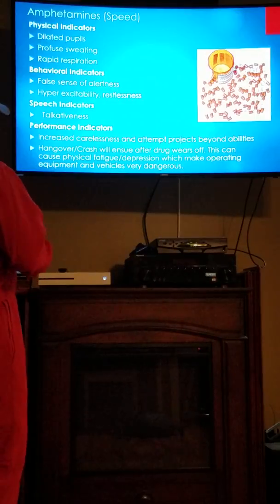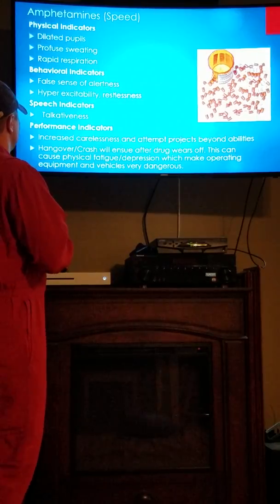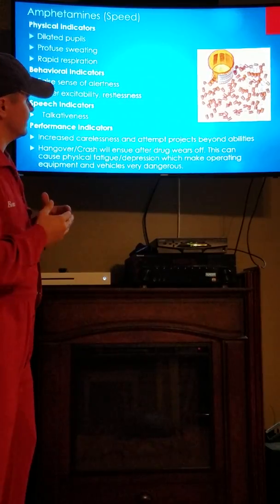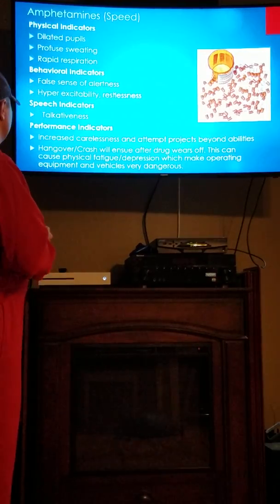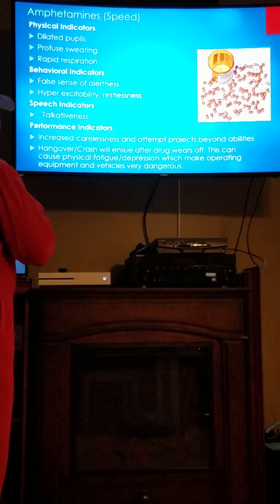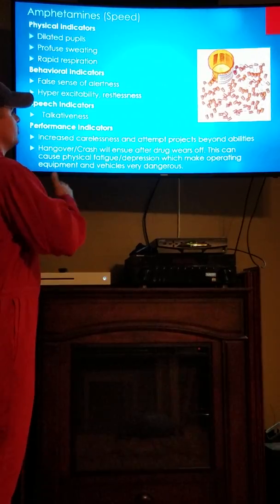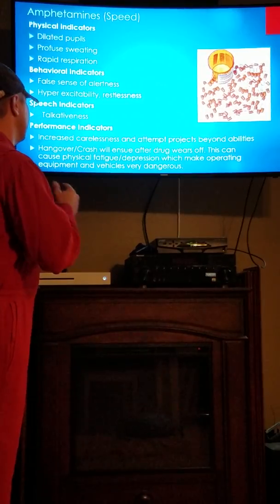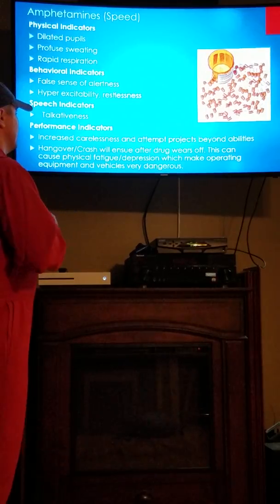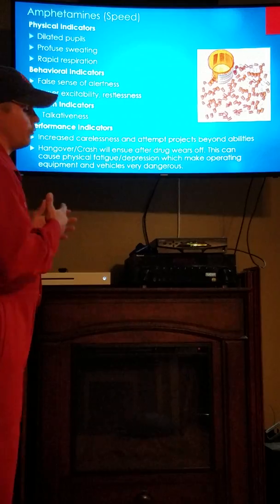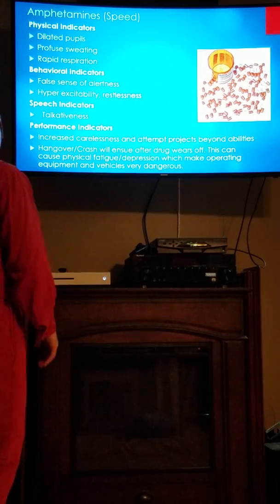Speech indicators: talkativeness. Performance indicators: increased carelessness and attempting projects beyond their abilities. The hangover crash that ensues after this drug wears off can cause physical fatigue and real bad depression, and it makes operating equipment and vehicles very dangerous.